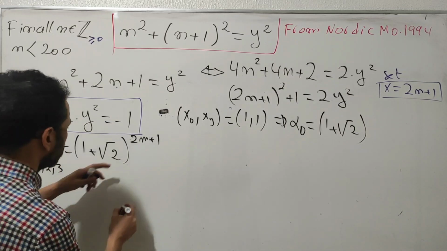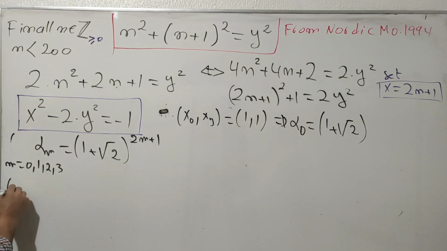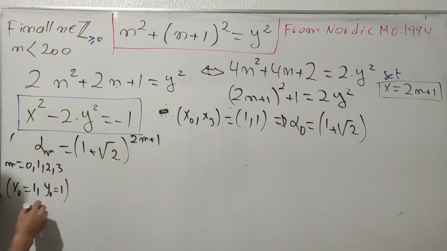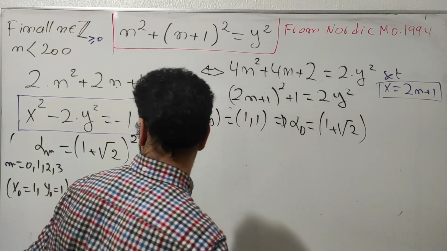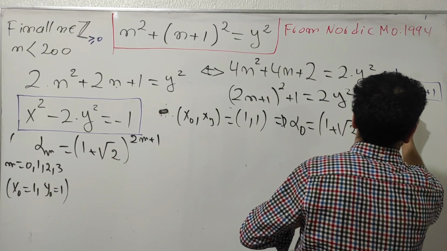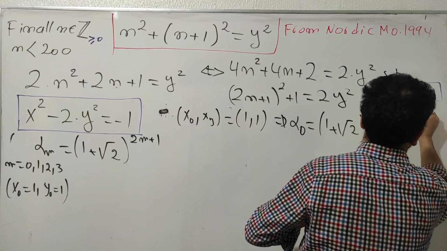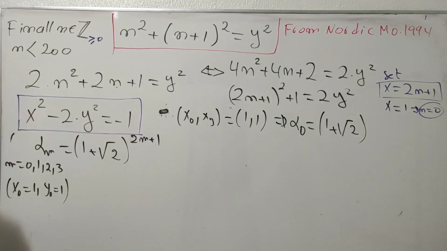Replacing m with 0, we get the first obvious solution, x0 equals 1 and y0 equals 1. Thus we are taking x0 equals 1 here, which means x equals 1 implies n equals 0. So n equals 0 is a solution.